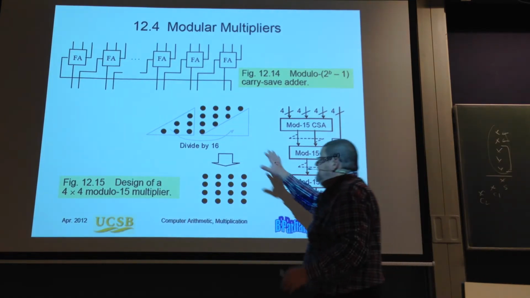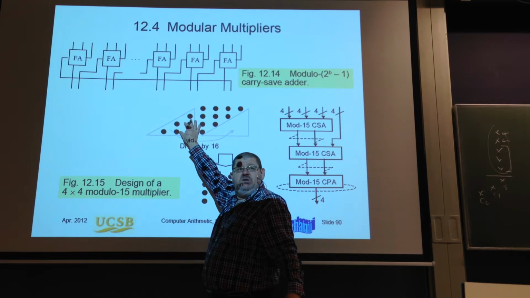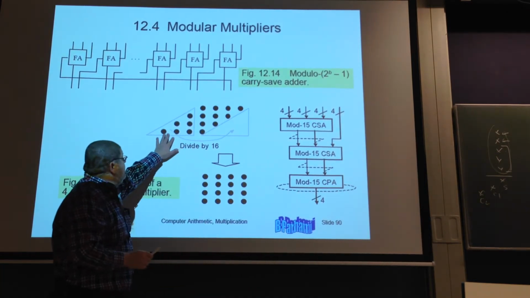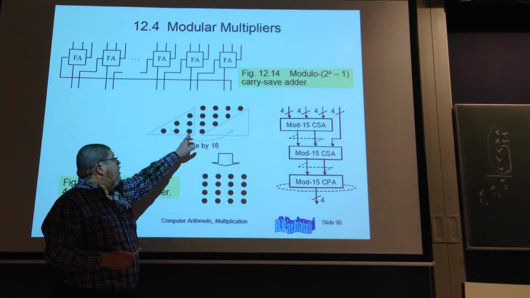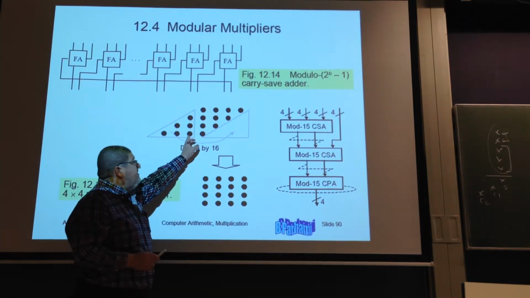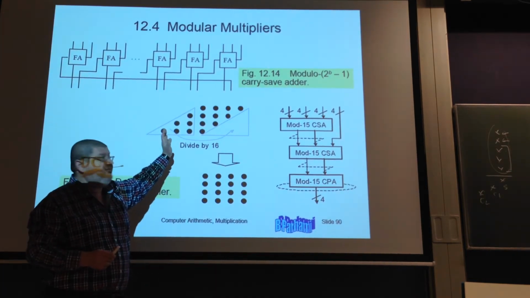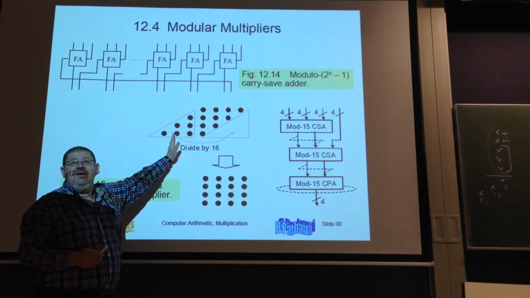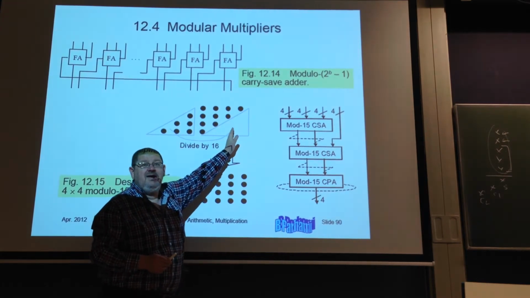Then this is my partial multiplication for 4-bit operands, and for a normal multiplication, this is looking like that. But because I'm doing modulo 15 calculations, all dots which are here will be replaced in here, because 16 modulo 15 is 1. This is 32; 32 modulo 15 is 2. Then I get here.